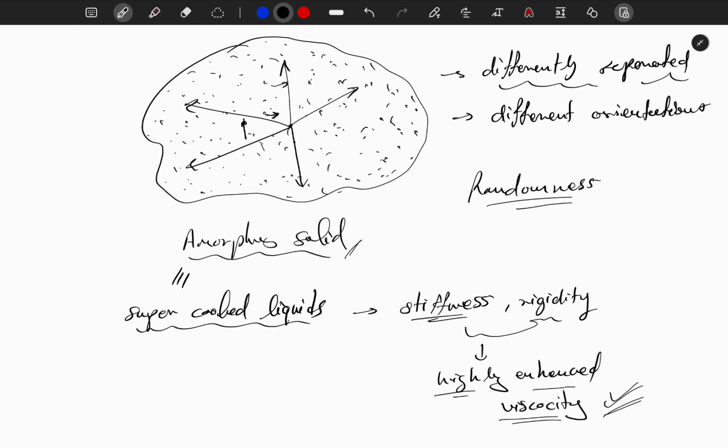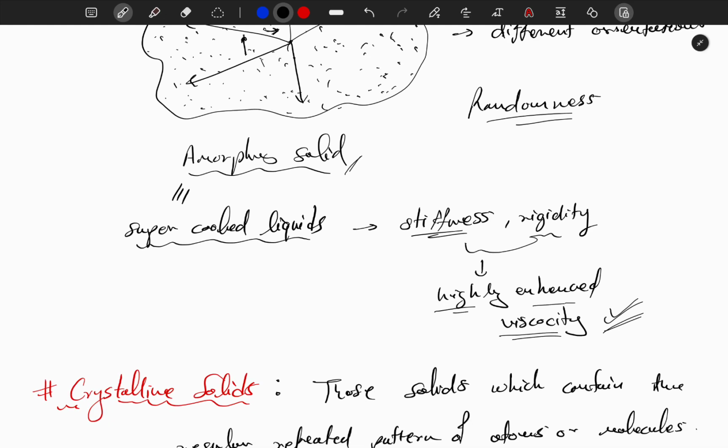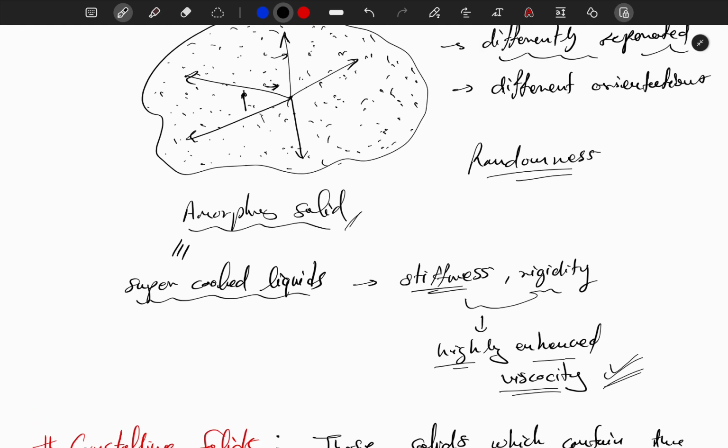We saw that there is a randomness in all directions wherever we go in an amorphous solid.